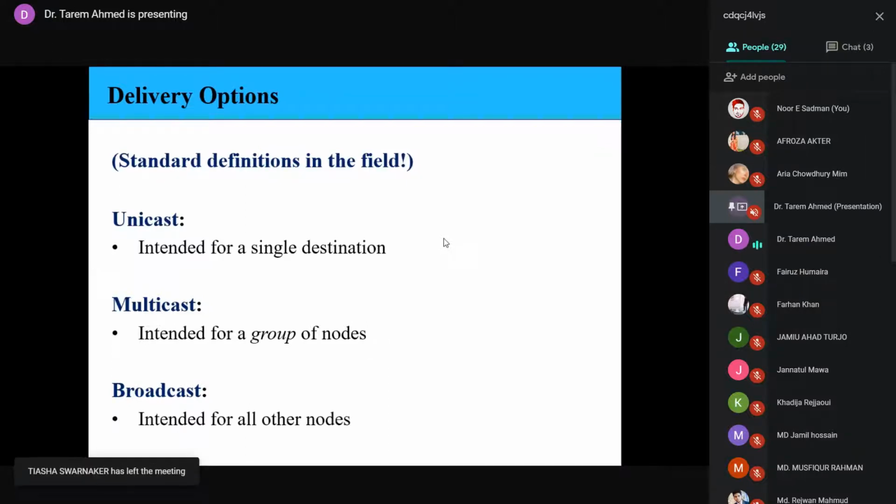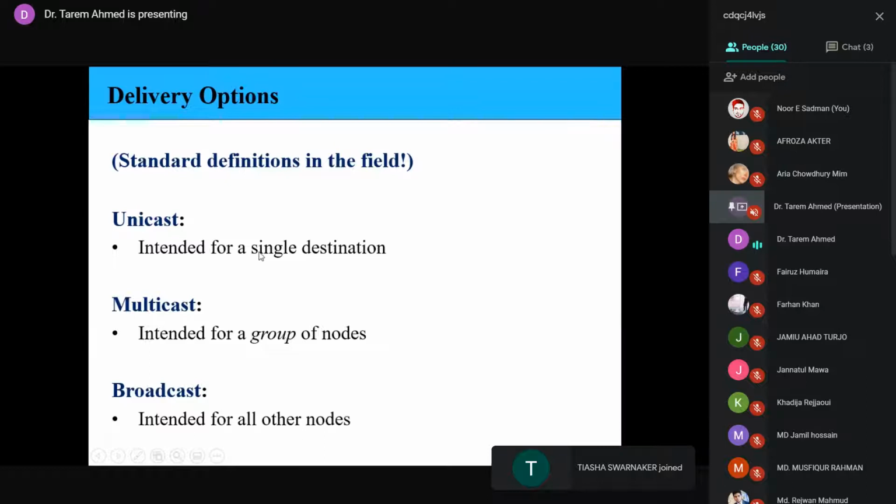Okay, delivery options. These 3 are standard definitions, and that's why I've mentioned them. There are 3 ways of delivering: unicast, multicast, and broadcast. Once again, this is a standard technical separation and standard technical terms. Unicast means intended for a single target. Broadcast means intended for everybody. And multicast means intended for a subset.